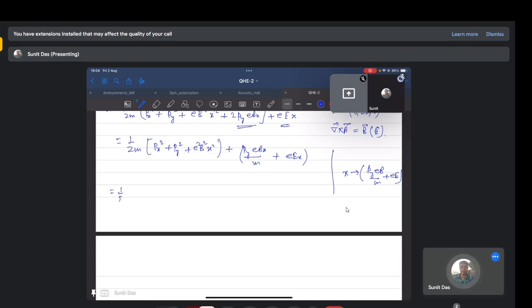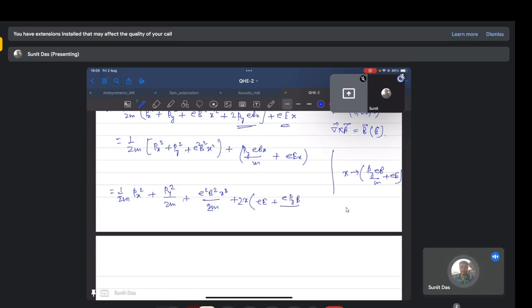So what we do is that px square plus py square by 2m, and then e square B square x square by 2m, plus x, we multiply 1 by 2, and then e electric field plus e py by 2, let's say, right?